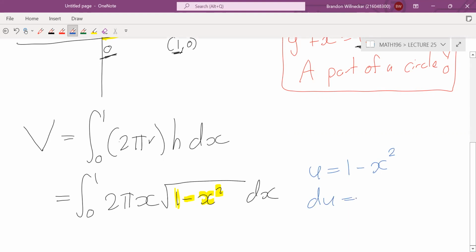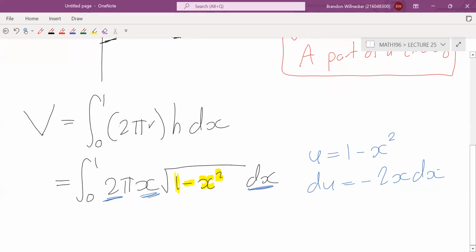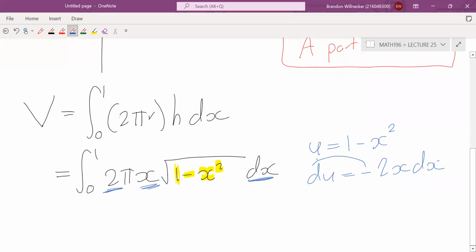So du is going to be minus 2x dx. Okay, that's almost what we have. We've got 2x dx, but we don't have that minus there. So we take the minus over. So minus du is equal to 2x dx. And that's what we've got here.